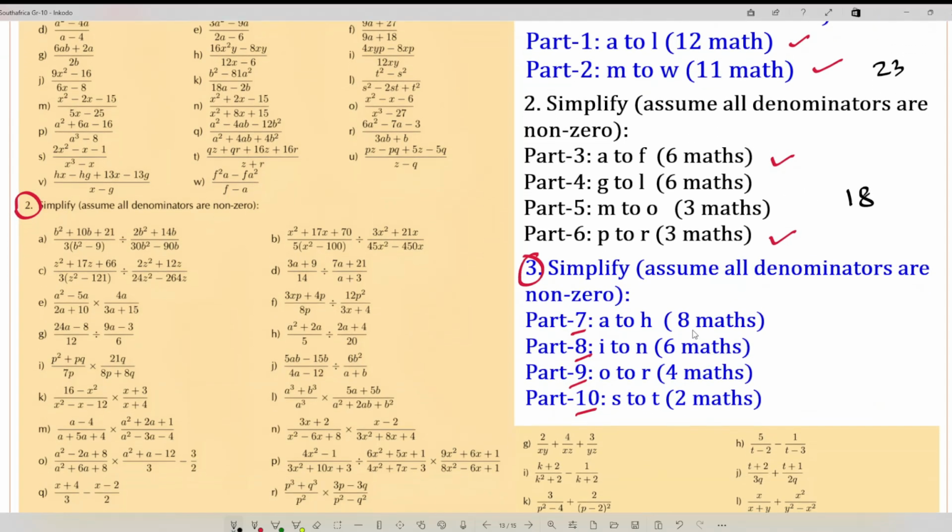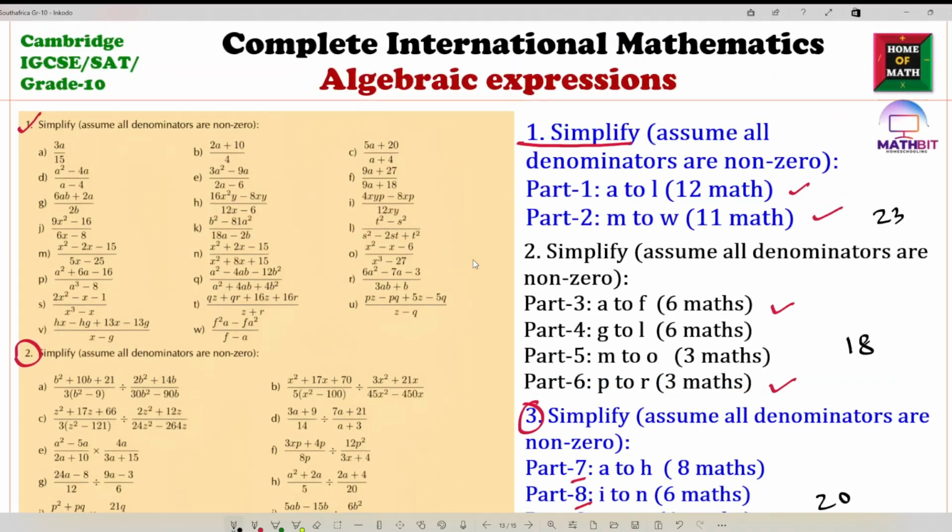And then 10, here is 20. So total in 10 episode we did 38, 41, 61 math we did in 10 episode.